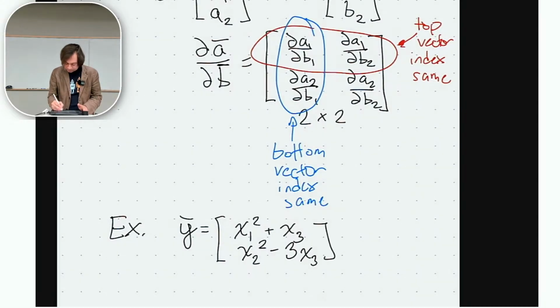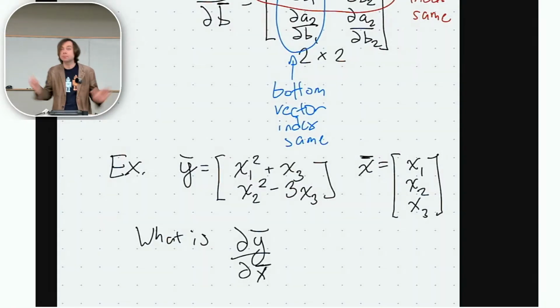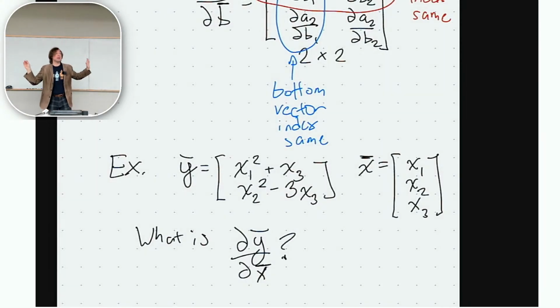That's a vector. And you have your vector x, which contains x1, x2, and x3. What is partial y, partial x? It's the derivative of a vector with respect to a vector. So we'll call it a Jacobian.